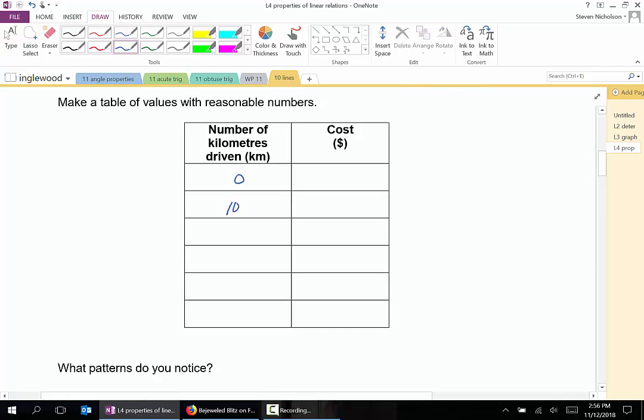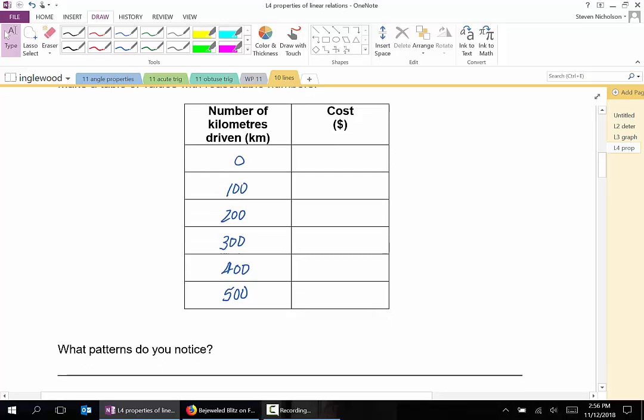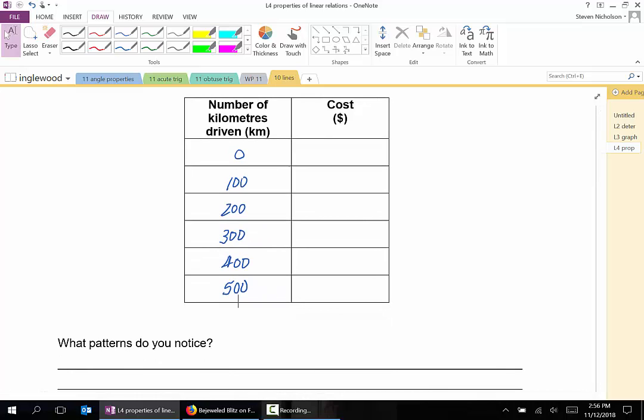Just like last day, we can make a table of values with reasonable numbers. I'm going to pick these numbers. They're really simple to calculate how much it would cost if we drove this far, and simple to graph as well. If we rented a car and didn't drive anywhere, that would cost $25. If we drove 100, it would cost $25 plus $20 for the 100.